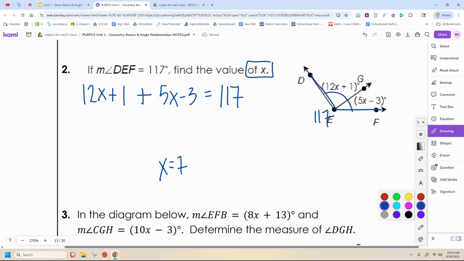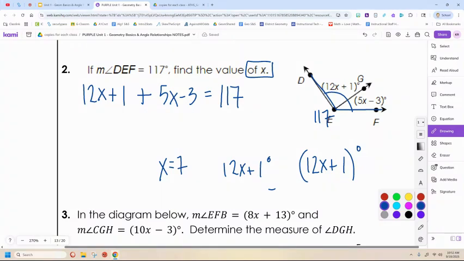Do you see how it says 12x plus 1 degree? There's parentheses there. That's because if they wrote 12x plus 1 degree, it would look like 1 degree is something else. It's kind of what belongs with what.